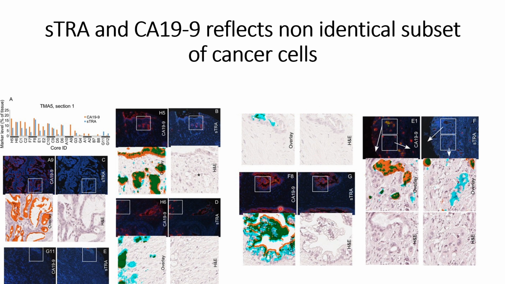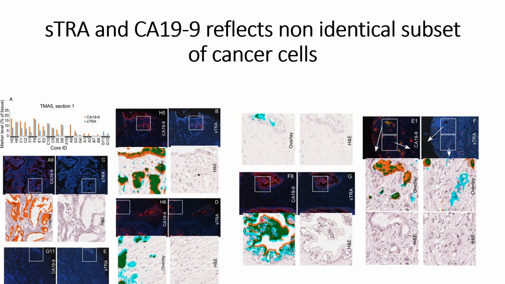And when they checked this fluffy cytoplasm area, they could see that CA19-9 expression is also there, and in the neighborhood of CA19-9 we can see the expression of sTRA, and there are common regions that express both CA19-9 and sTRA.